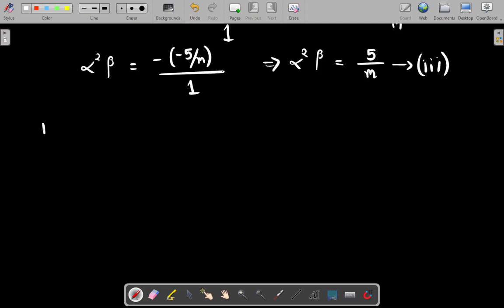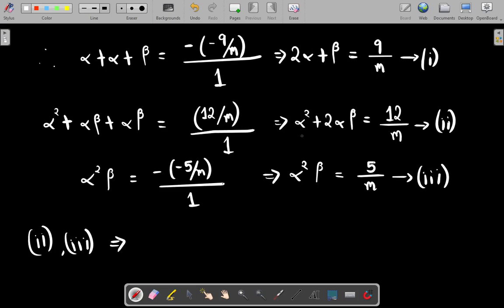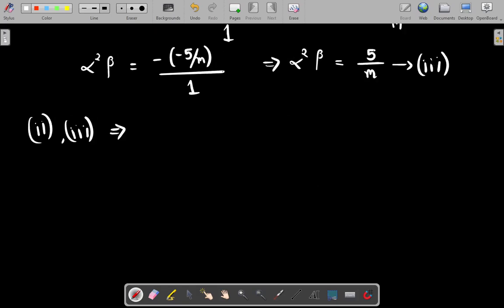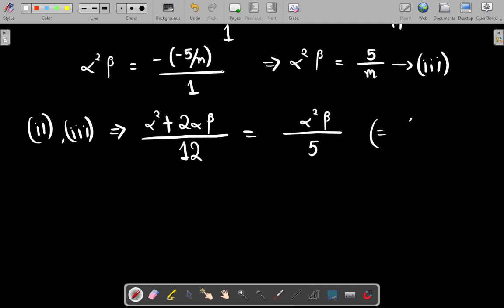So taking equation 2 and 3 together, we have alpha square plus twice alpha beta upon 12 will be equal to alpha square beta upon 5, because both of these values are equal to 1 upon m.